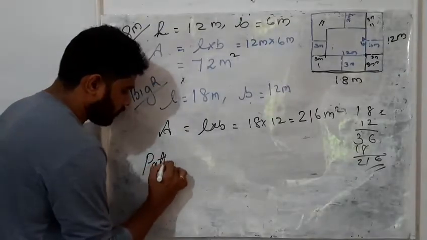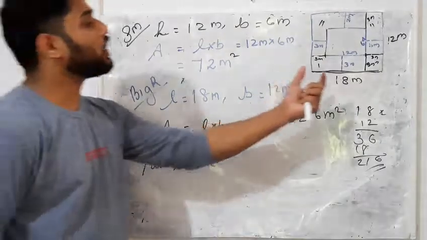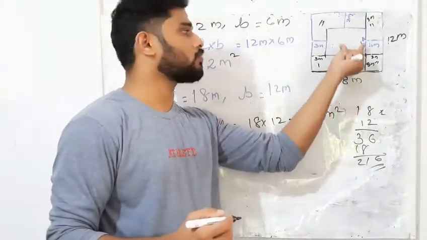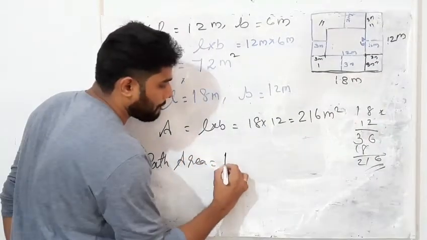Path area is equal to, how can we find it? The big rectangle area minus the small rectangle, that means the garden area.